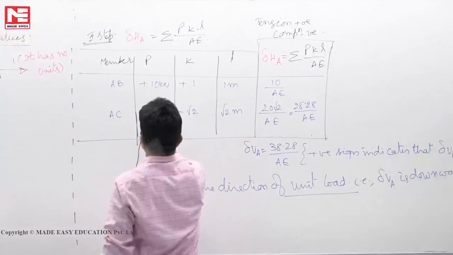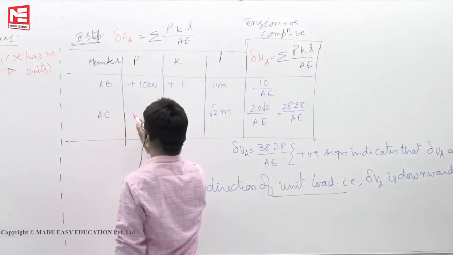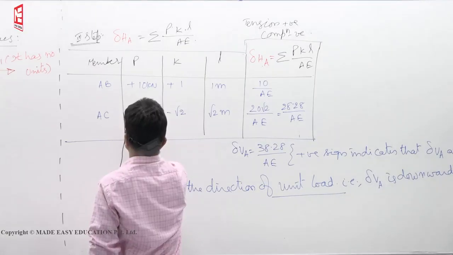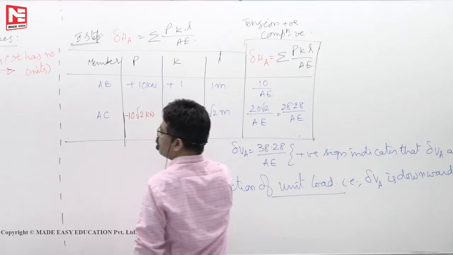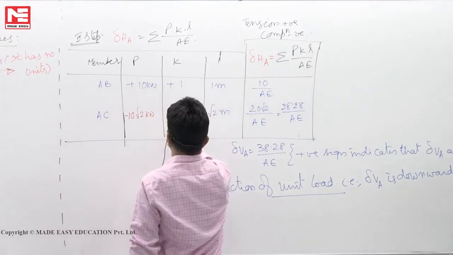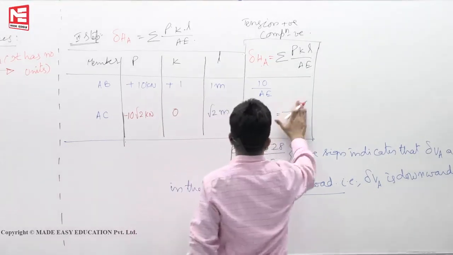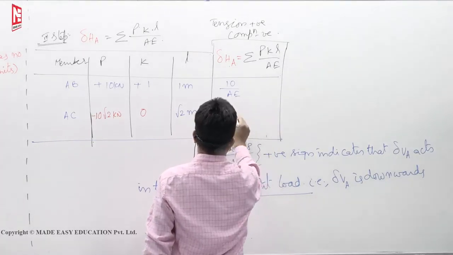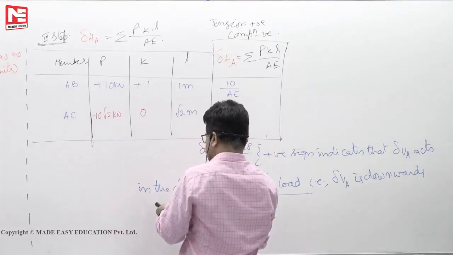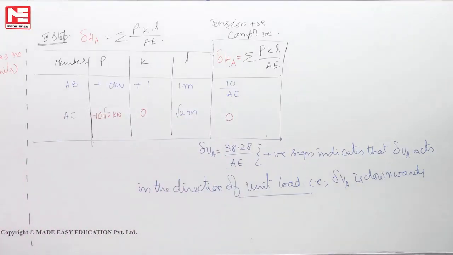AC member P value is 10 root 2 minus 10 root 2. K value 0. Length whatever it is, this value now becomes 0. Okay, these are the changes if they ask you horizontal displacement.